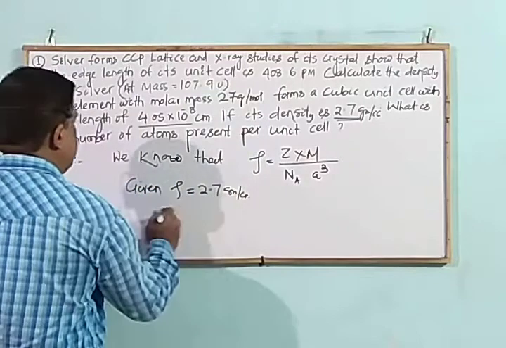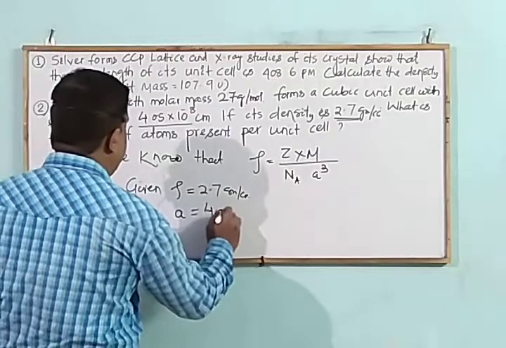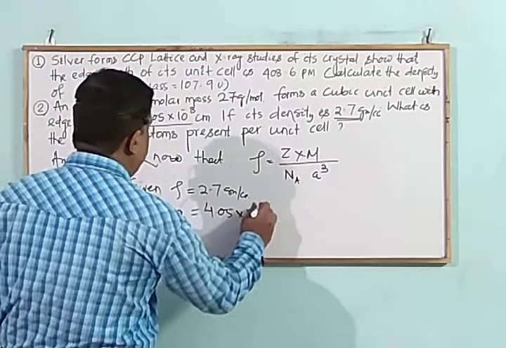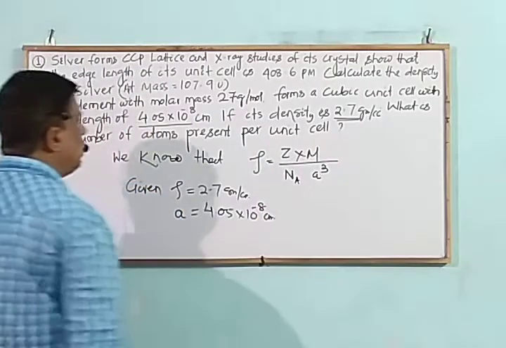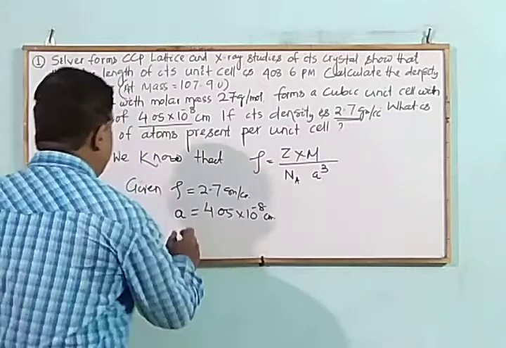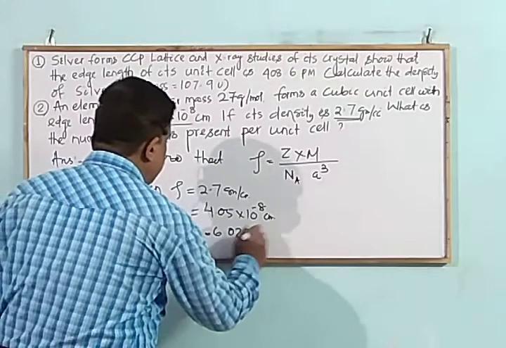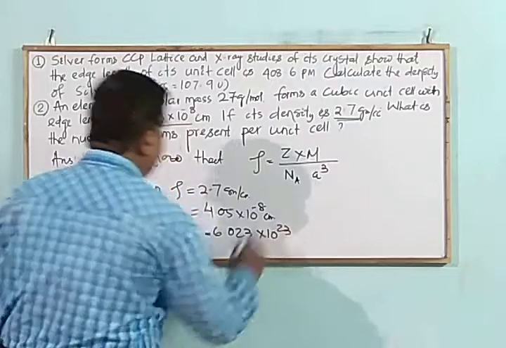Then the edge length is given, that means a is 4.05 into 10 to the power minus 8 cm. We know the Avogadro number is 6.023 into 10 to the power 23.